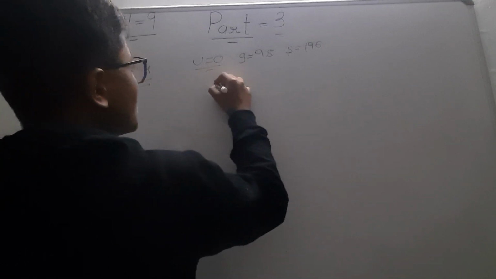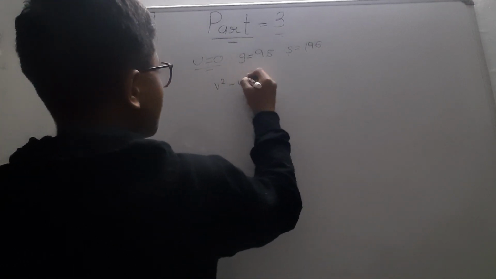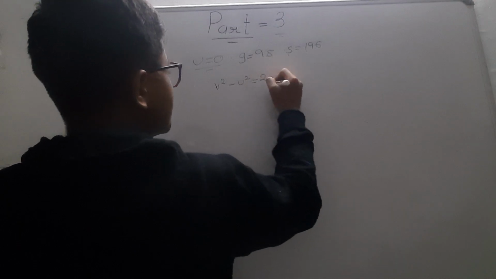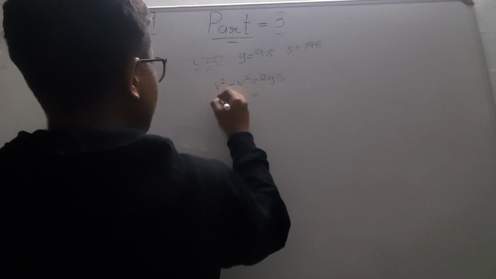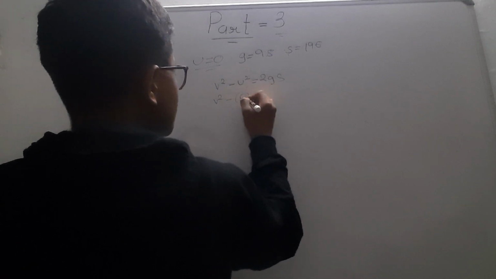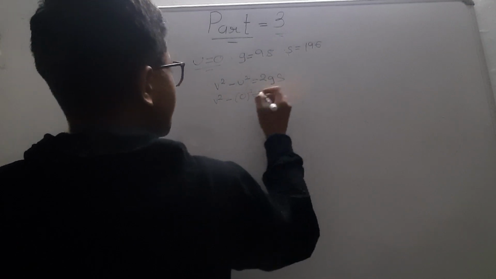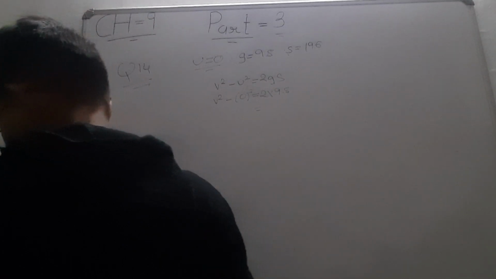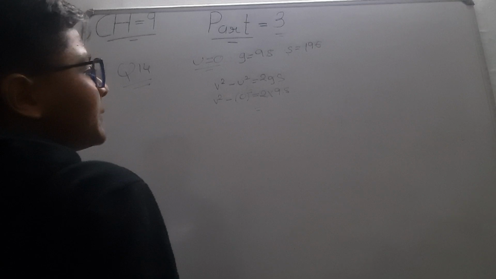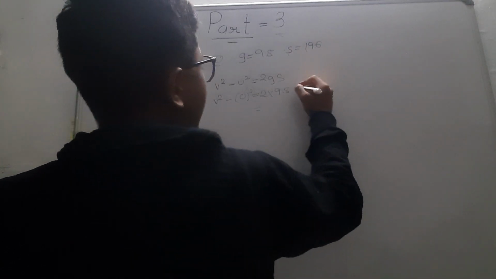So we will take v square minus u square equals 2gs. We have to find v, so v square is equal to 0 square plus 2 into 9.8 into 9.6. We will take 9.8 as a plus.